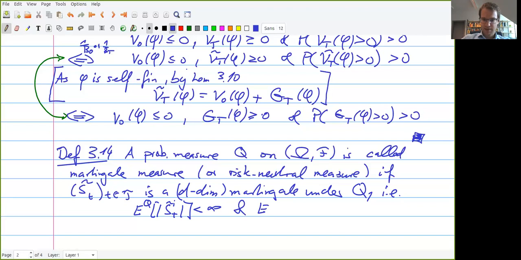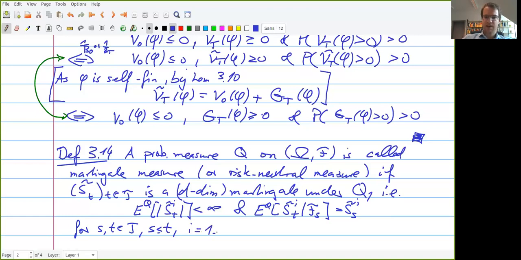If I take the discounted price process of the i-th asset at time t and condition it on the filtration at time s, I just get the discounted price process at time s, for s less than t in our index set, and of course i can be between 1 and d.